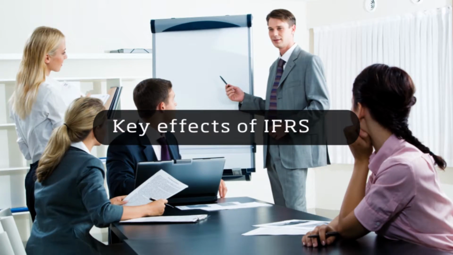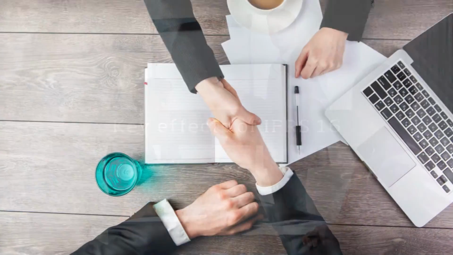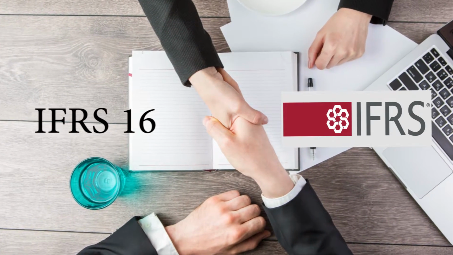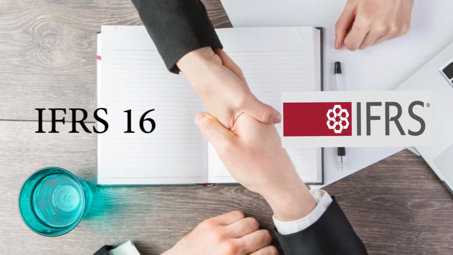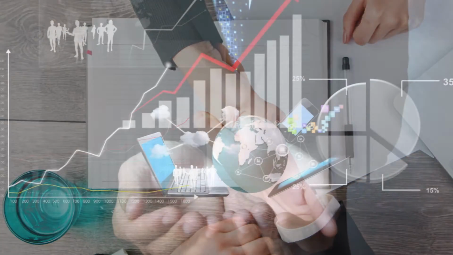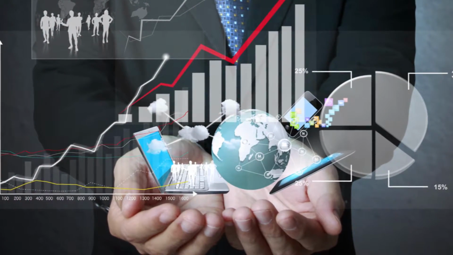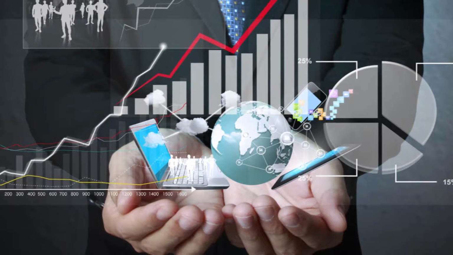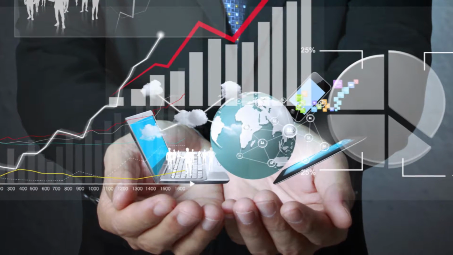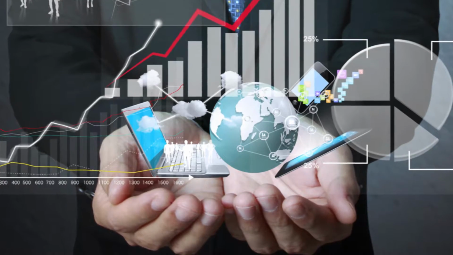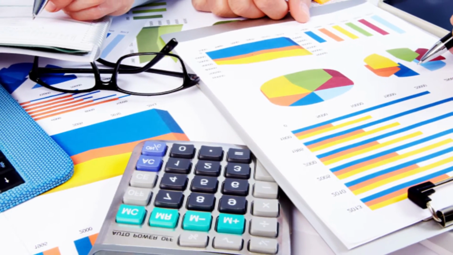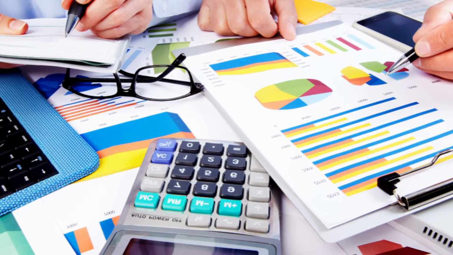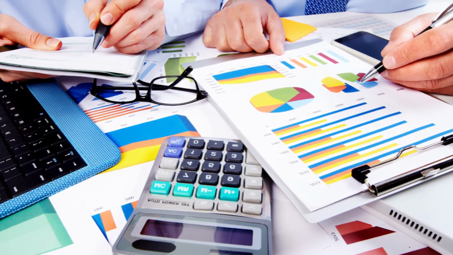Key effects of IFRS 16. From a lessor's standpoint, because IFRS 16 carries the key features of IAS 17, aside from the additional disclosure requirements, no significant effect is anticipated. On the other hand, from a lessee's standpoint, since current operating leases will be capitalized and accounted for similar to finance leases under IAS 17, the financial statements are expected to change significantly.